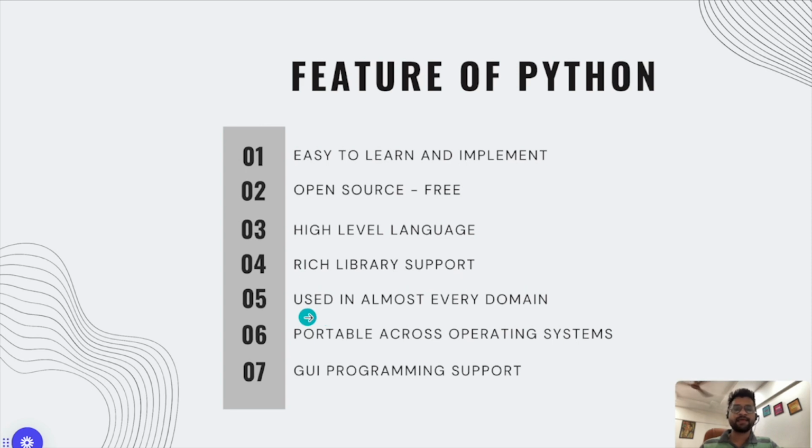Python is used in almost every field, every domain. You can take an example of any domain: AI, web development, game development, data science. Python is portable across operating systems, meaning we can use Python with any operating system, Linux, Windows, you can take any one.